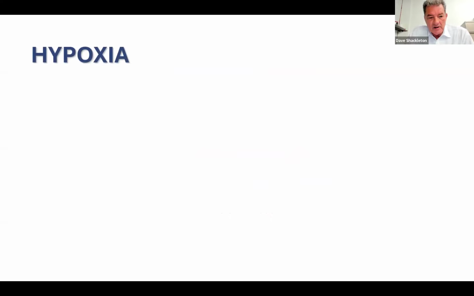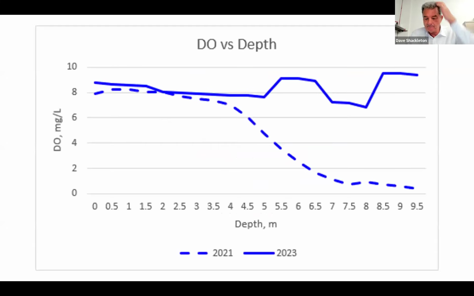And one of the things it pointed out was that hypoxia is a critical factor, and hypoxia influences the solubility of nutrients, as I explained earlier.